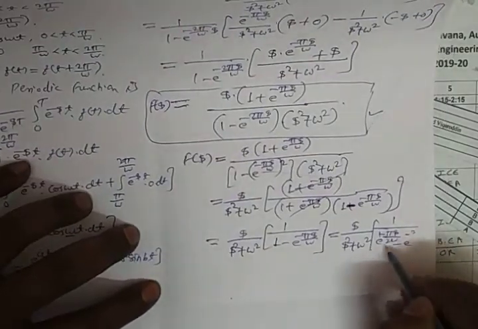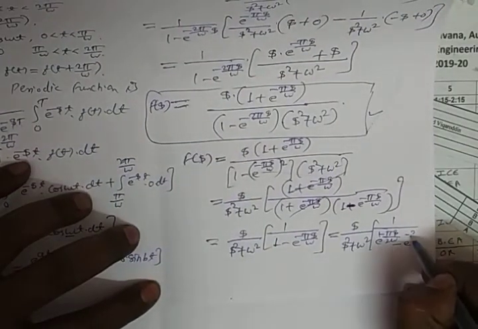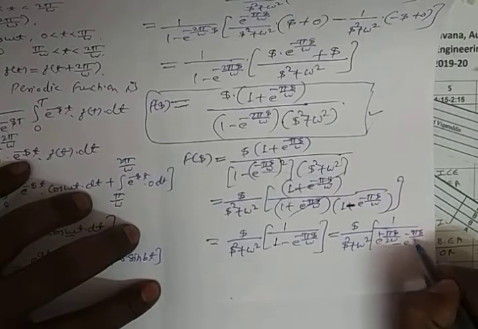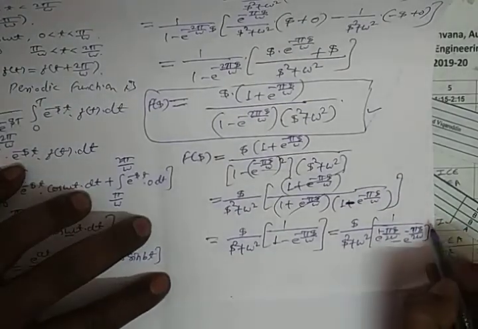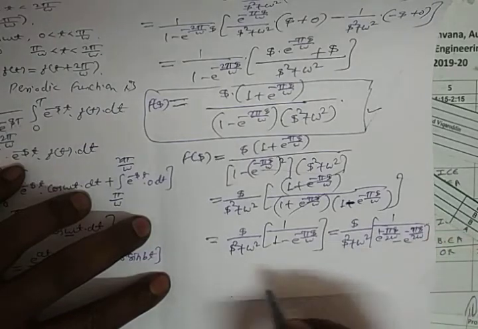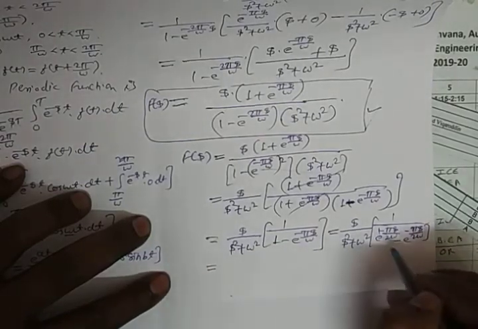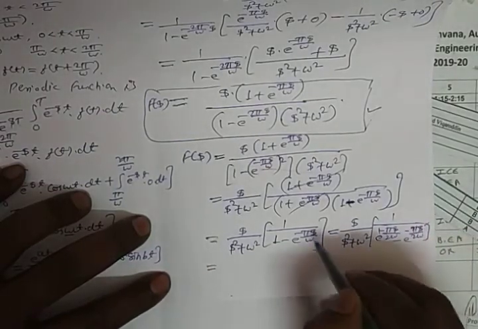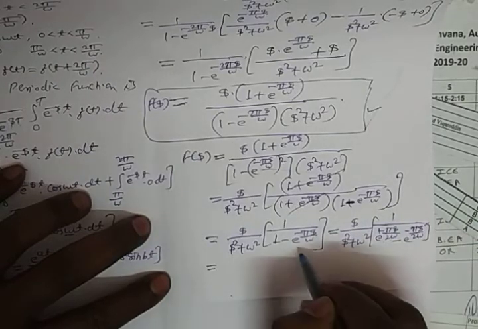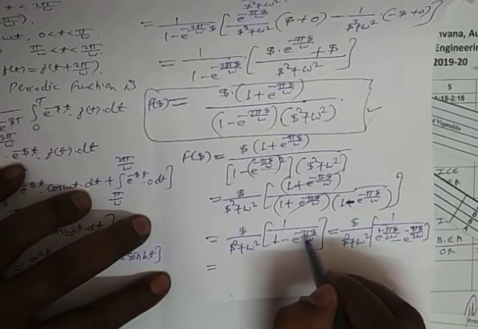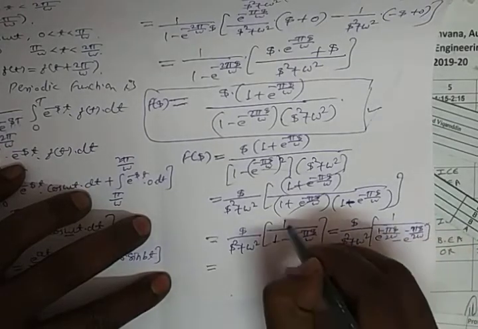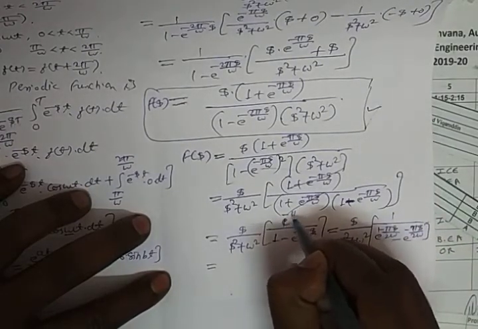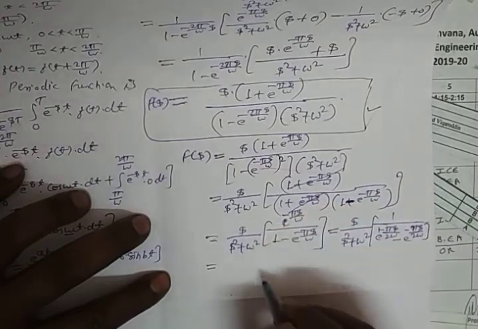So this can be written as e raised to pi s upon 2 omega minus e raised to minus pi s upon 2 omega, okay. So what we have done here, we have divided numerator and denominator by e raised to minus pi s by omega. Okay, so here it will be e raised to minus pi s by omega, right?